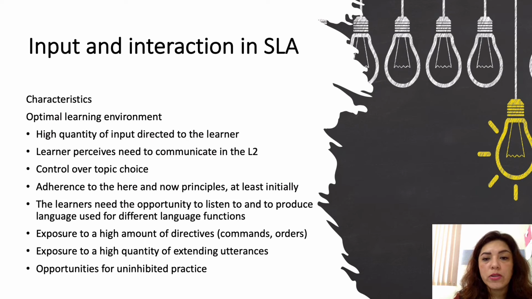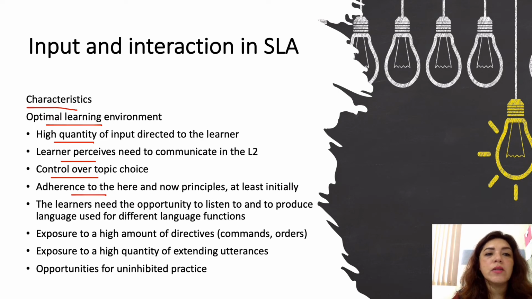Input and interaction in second language acquisition have some characteristics to have an optimal learning environment. High quantity of input directed to the learner, perceived needs to communicate in the second language, control over topic choice, adherence to here and now principles at least initially.